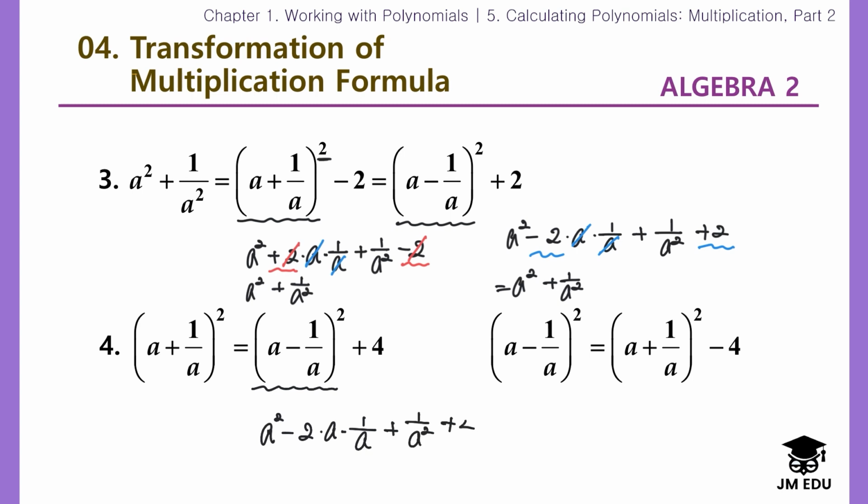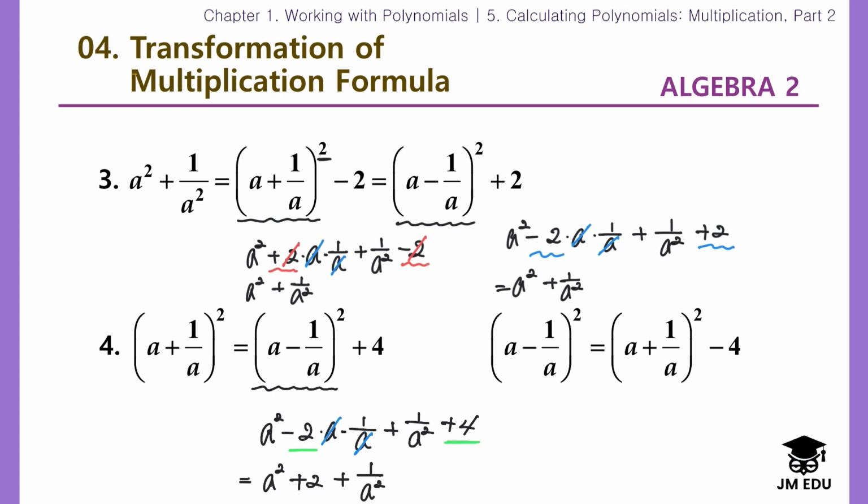And we have a plus 4, right? So this one cancels out, right? Here we have minus 2 plus 4. That's plus 2, right?